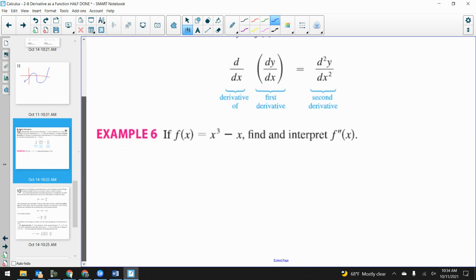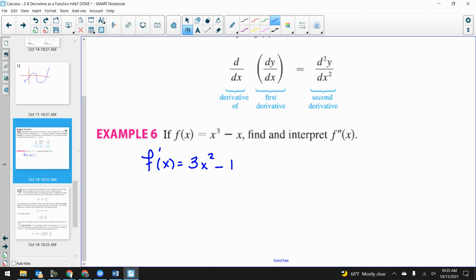All right, now, we have already found the first derivative. So if you wanted to flip back, you could, but I know because of my rules of derivatives, it's just that: 3x squared minus 1. So that's f prime. It says, okay, now find f double prime.